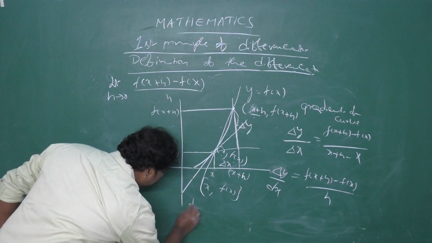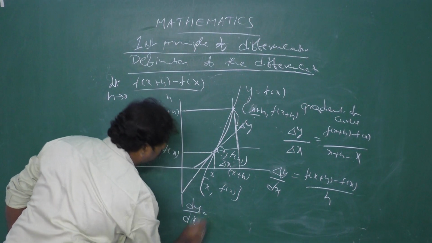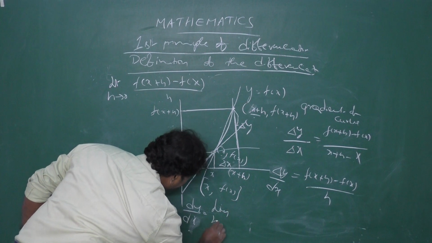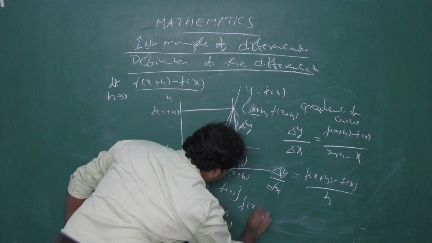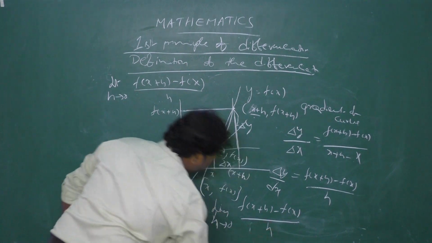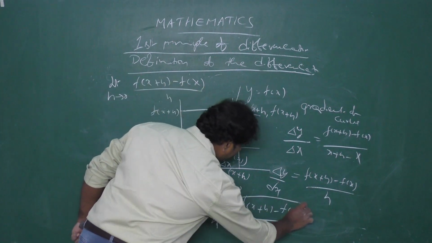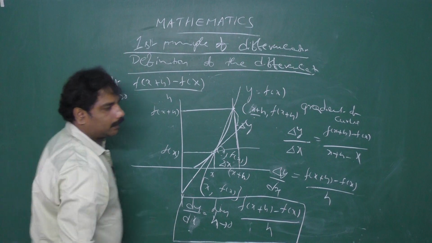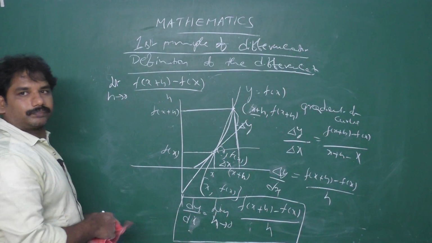So by the definition, dy by dx is equal to limit h tends to 0, not exactly 0 but tending to 0, of f of x plus h minus f of x by h. This is the definition of the derivative, or we can say the first principle of the derivative.